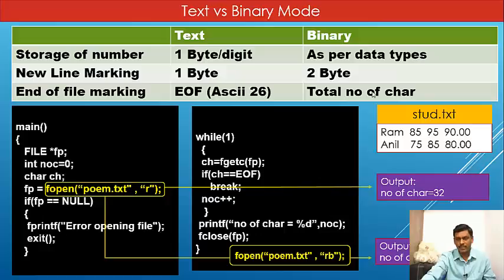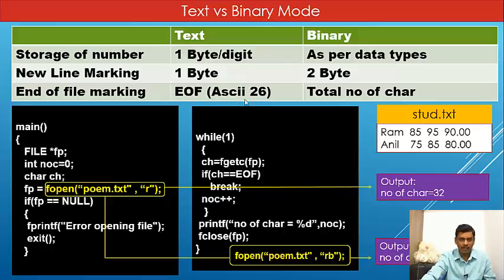It reads all characters, and after reading the 520th character, it considers it the end of file. In text mode, it does not consider the total number of characters. It considers that the last character is 26, and this is the end of the file.